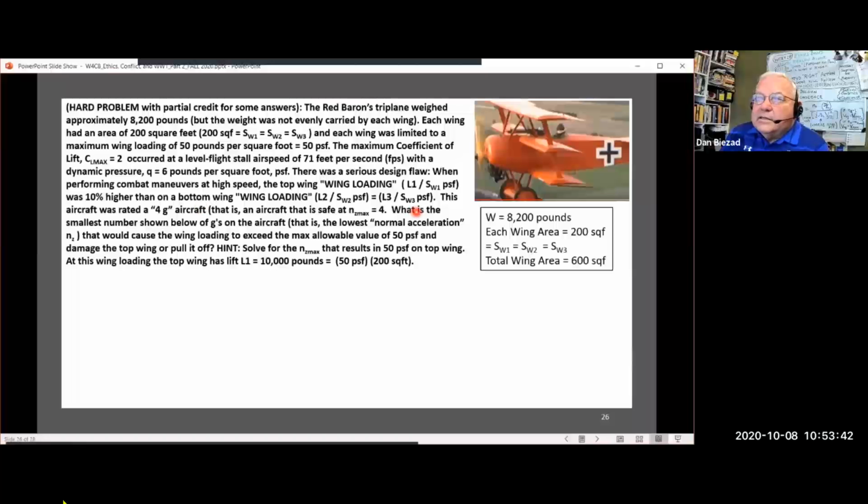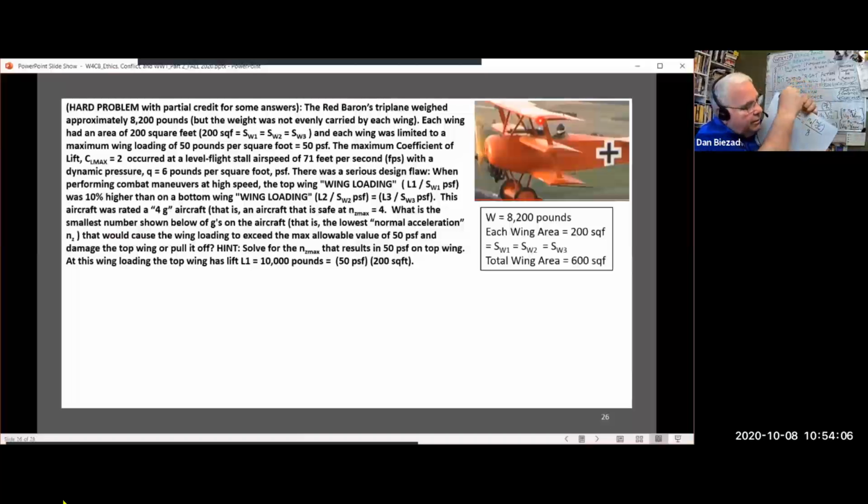So what I ask is, what's the smallest number of G's below that? What's the lowest normal acceleration that would cause the wing loading to exceed 50 pounds per square foot? That's the max. So this wing loading can't be any more than 50 pounds per square foot. In other words, this here is limited to 50.